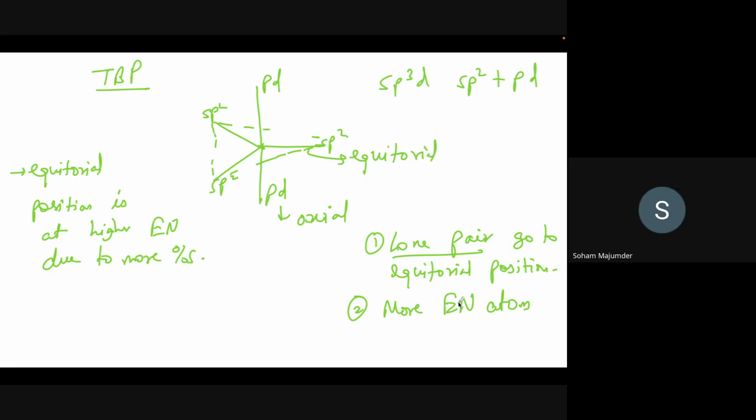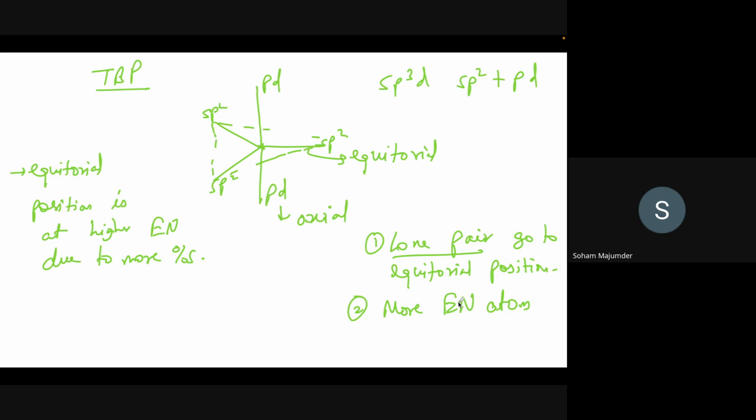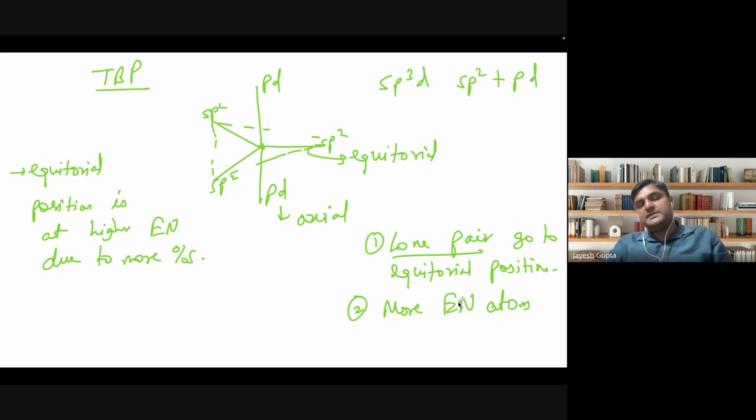Equatorial, because that is more electronegative. But your atom is also electronegative, no? The lone pair was electrons, so of course an electronegative atom will attract electrons. But for an electronegative atom, what logic will you give?